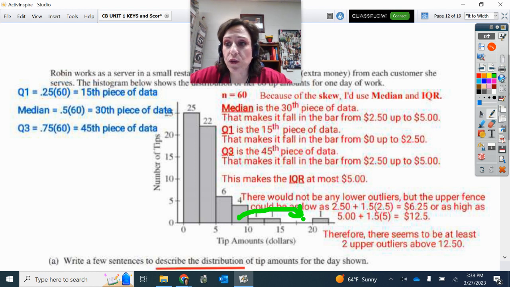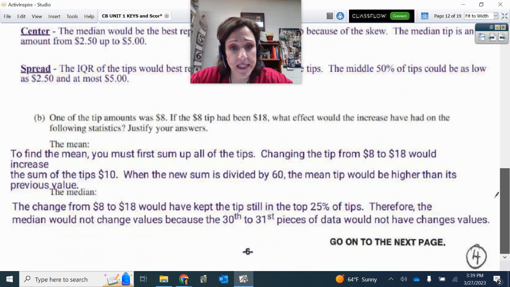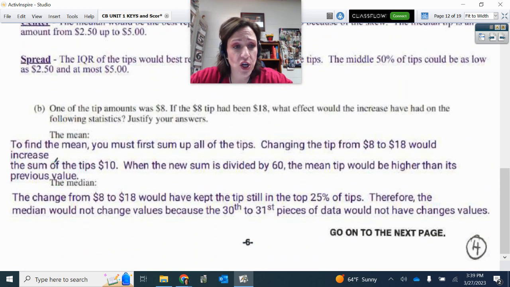Okay, so then if you think about when you get a mean and you sum up all of the data and divide by 60, well, this particular piece of data going from 8 to 18 would have made that total sum $10 higher. So when you do that total sum, $10 higher divided by the 60 tips, it obviously would have gone up.